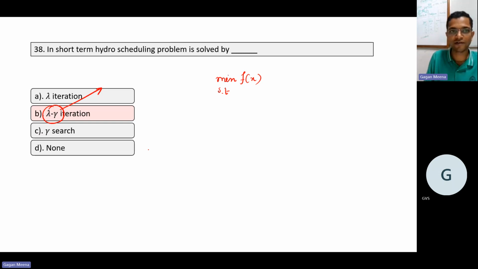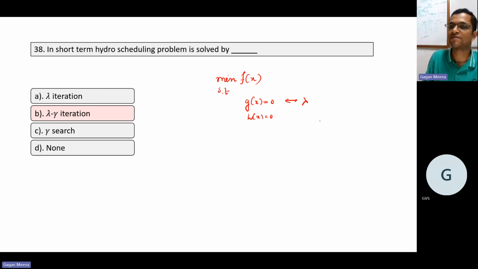What do they represent? Do you remember? This lambda represents the dual variable corresponding to the equality constraint.